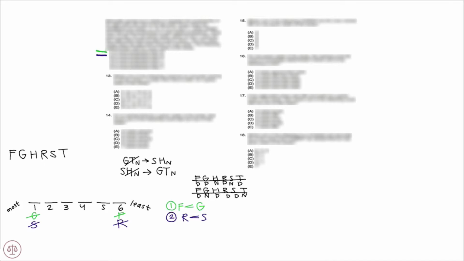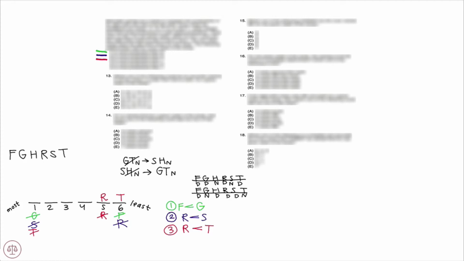All right, rule number 3, R is more productive than T. Okay, so we know R more productive than T. So T is not first, and R is not last. We already have that. But as you can see, rules 2 and 3 show us that S and T are less productive than R. That means that R can't be 5th either, because if R were 5th, then we'd have T here.